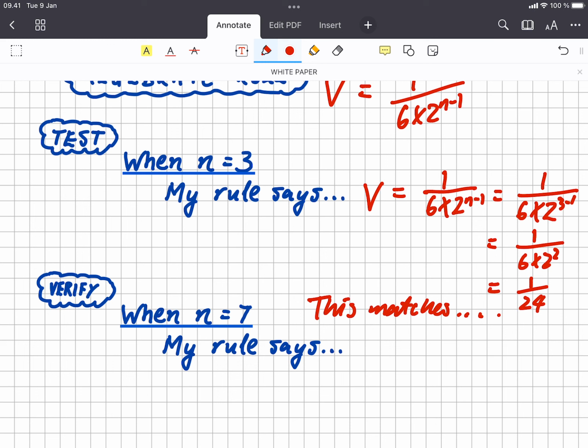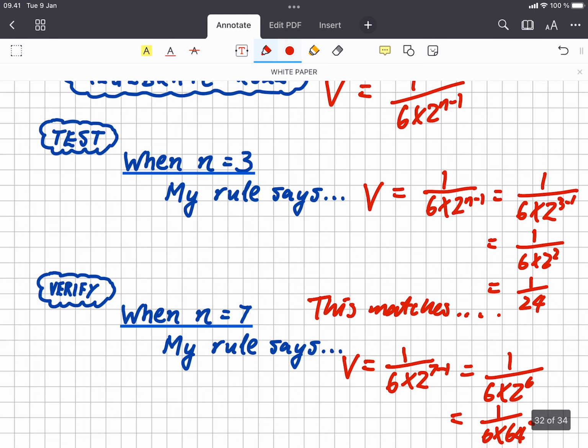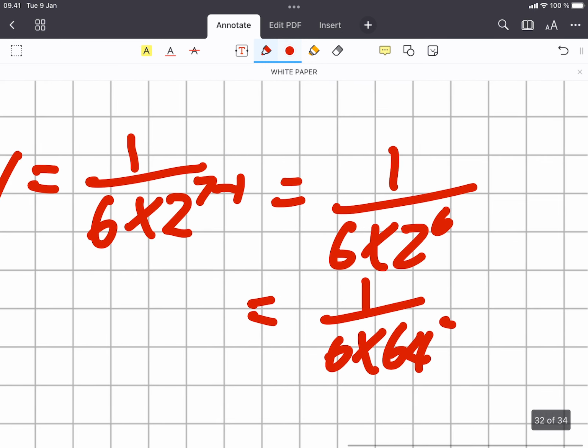Okay, verifying is just the same thing, but higher up the table. So when n equals 7, my rule says V equals 1 over 6 times 2 to the power of 7 minus 1, which is 1 over 6 times 2 to the power of 6, which is 1 over 6 times 2, 4, 8, 16, 32, 64, which is 1 over, gosh, do this in my head, 384.